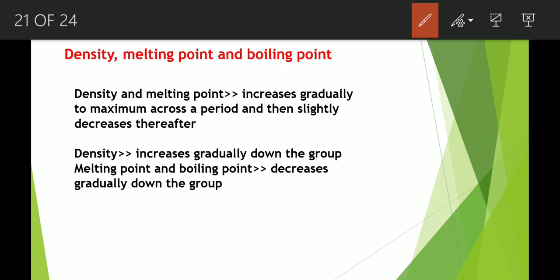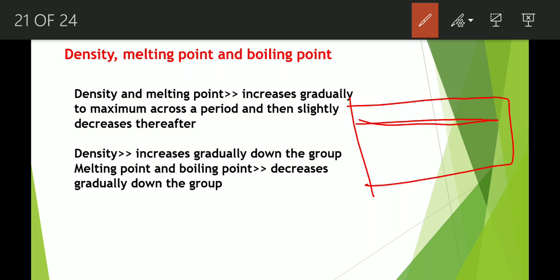Suppose this is a periodic table. From left to right, density and melting point both increase gradually. They reach a maximum value and after that they will slightly decrease. The value will slightly decrease after reaching a maximum value across the period only.